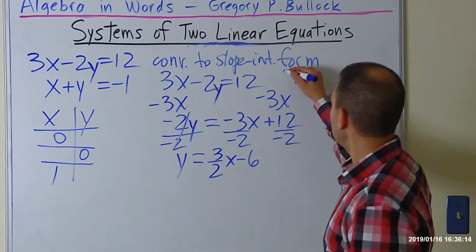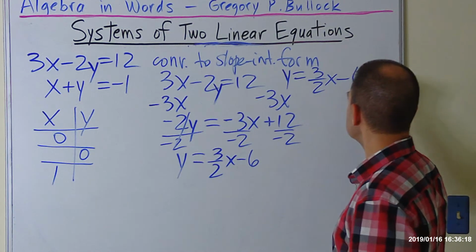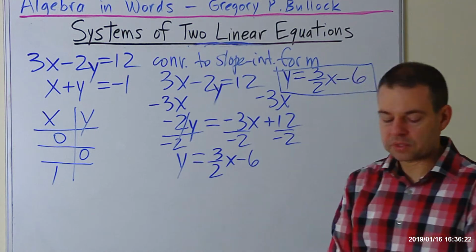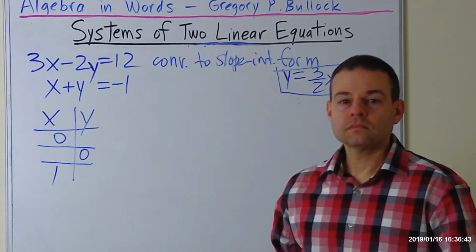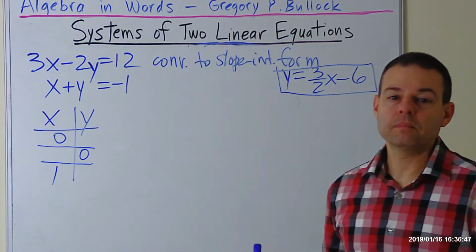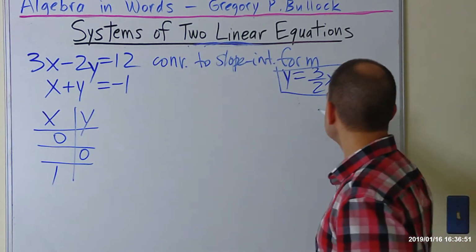So we have y equals 3/2 x minus 6. I'm going to pause this and erase some of that so we can put up a graph. If you needed to see that math, just rewind the video, but I needed to make some space. So let's put a graph right here.